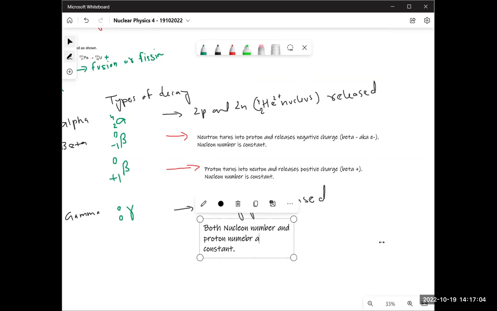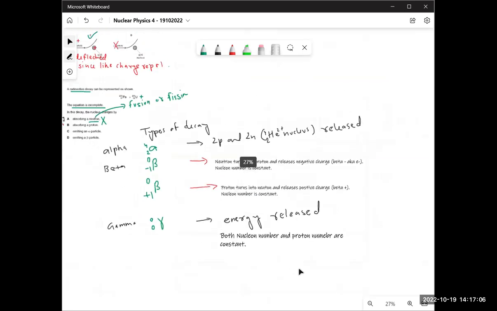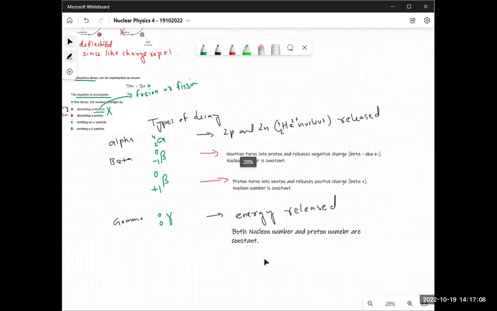Ayan, how much have you written? I'm on the last line, sir. Anas, write the last line. Now, with this information, I think you can solve the question.